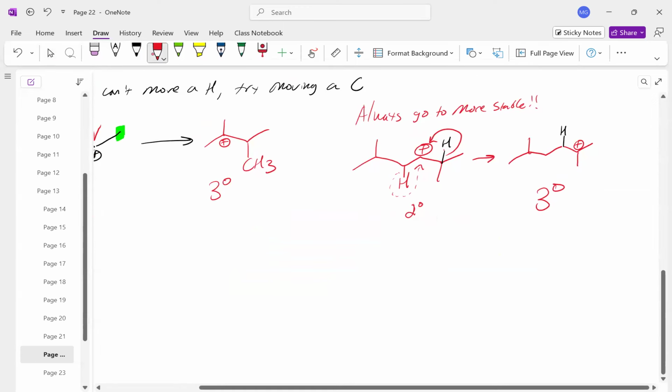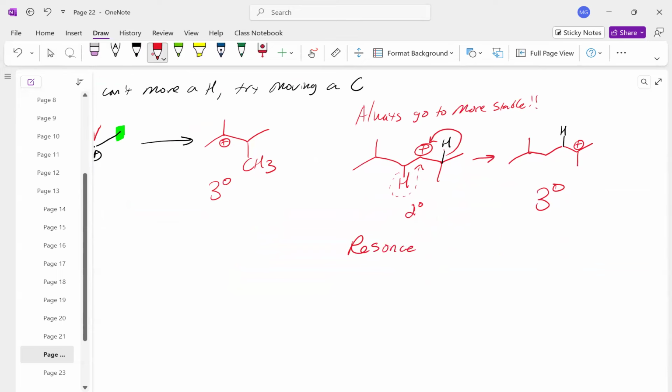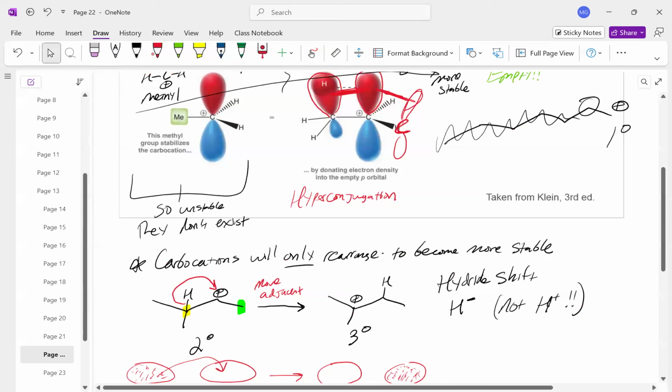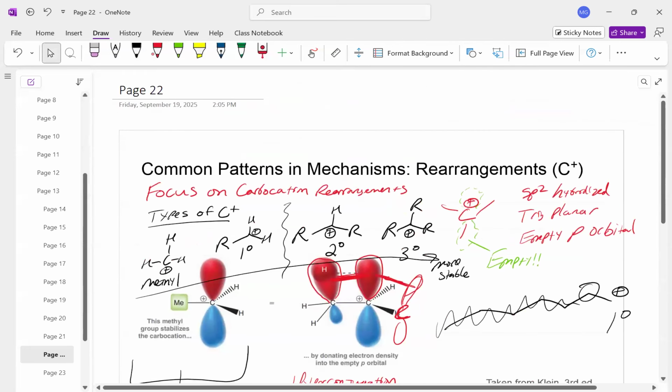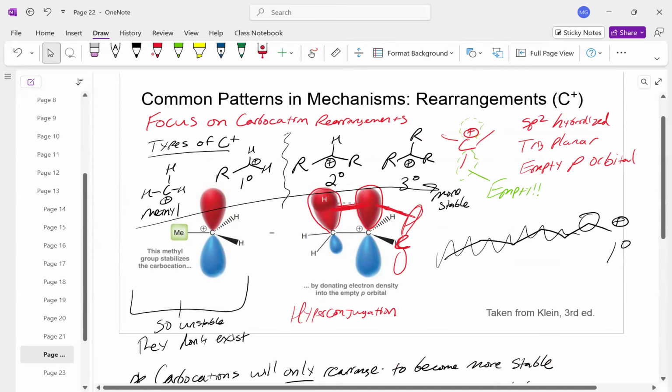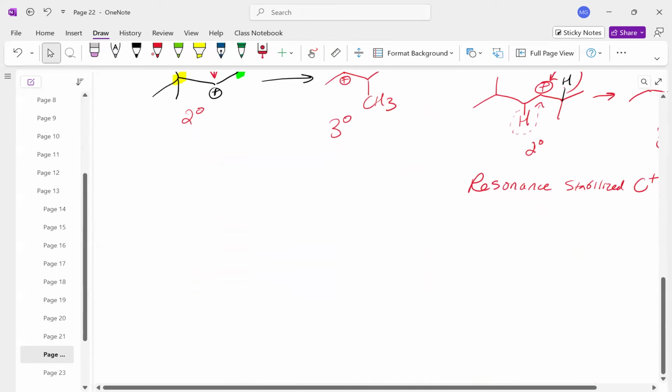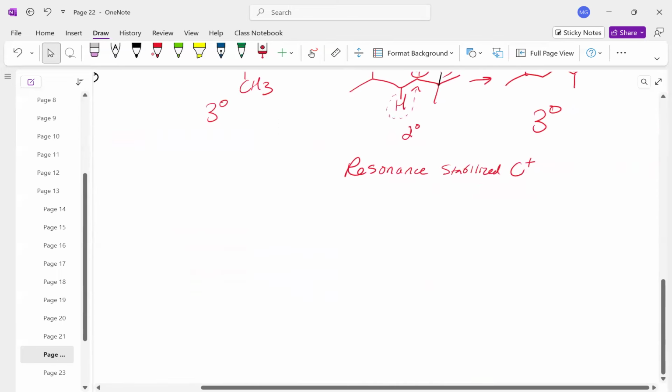And then finally, before we leave carbocations, carbocations can become more stable by being resonance stabilized. Now, remember how I highlighted up here, oh, primary carbocations are so unstable they don't exist. I was telling a mostly truth, partially withholding the truth. There are instances where primary carbocations can be formed because they're resonance stabilized.